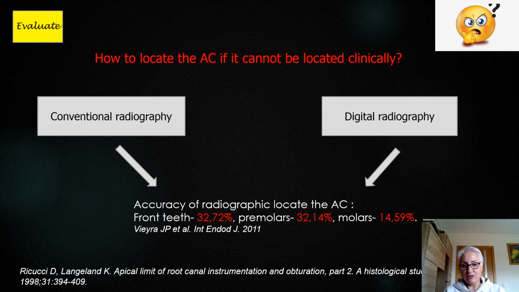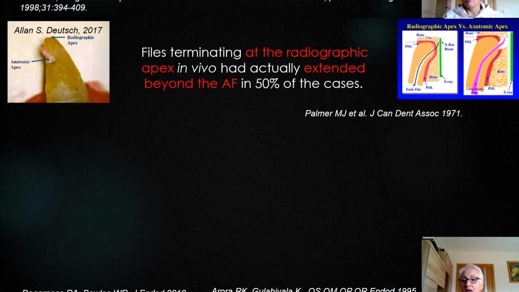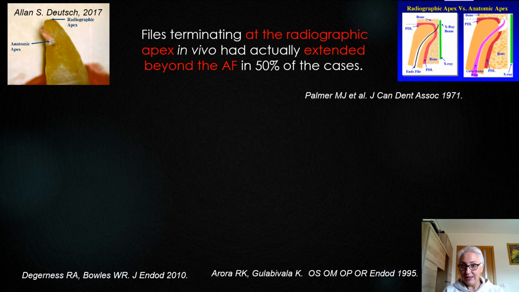The accuracy of radiographs in locating the apical constriction, because we have to locate the apical constriction, this is our point, is possible only in approximately 33% of the cases in front teeth, 32% in premolars, and in molars only 15% of the cases. So, can we use it to locate it?